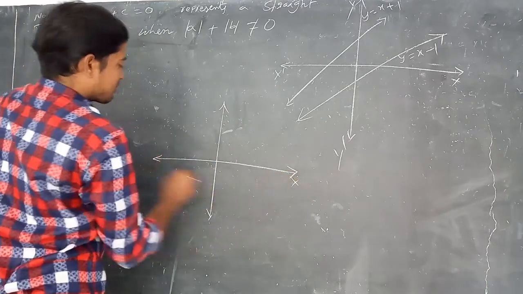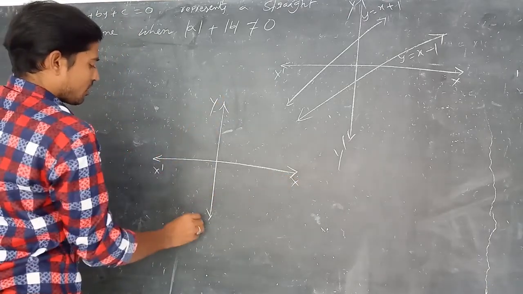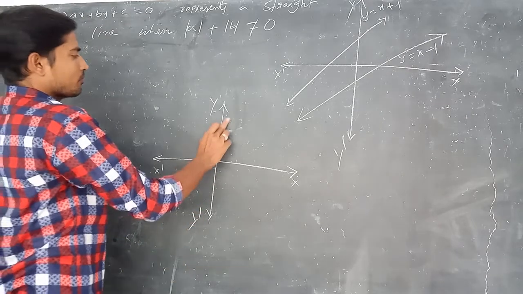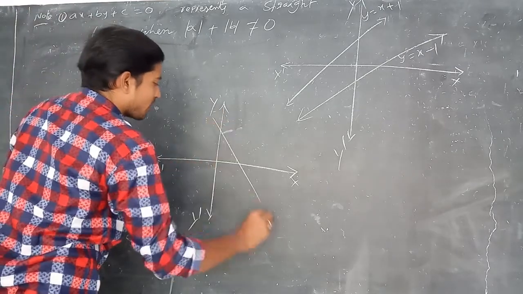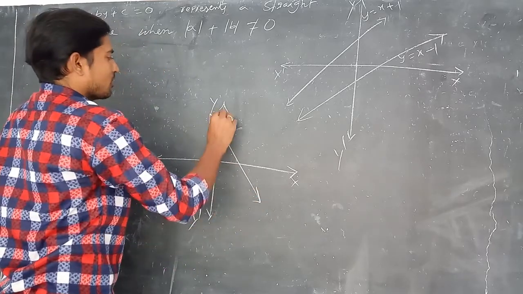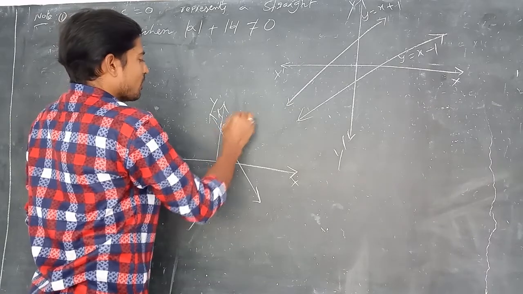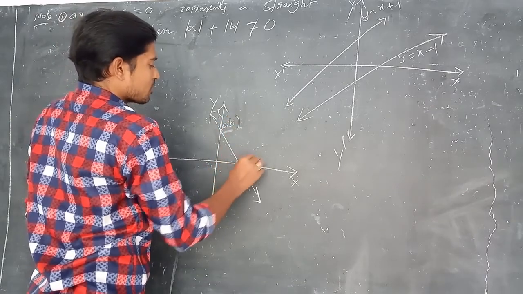Suppose the intercepts of a line L on the x-axis and y-axis are given by the points 0 comma b and a comma 0.